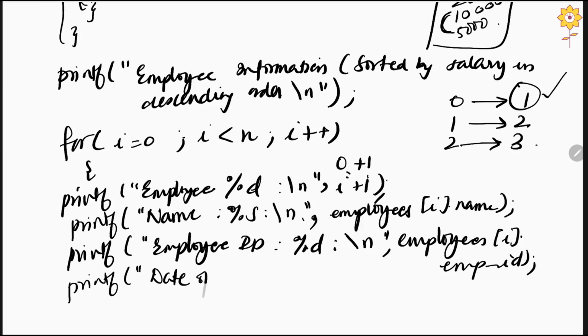okay. So, date of joining needs to be printed. So, date of joining is %02d/%02d/%d, okay.